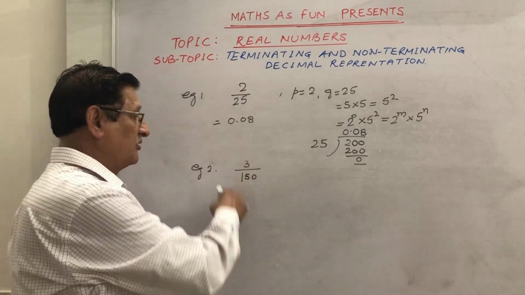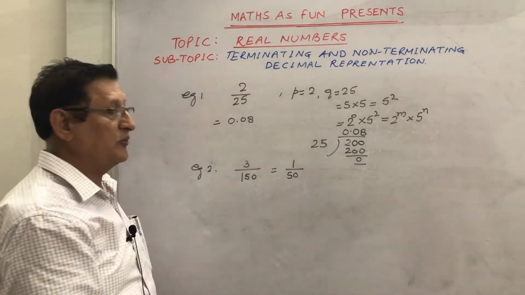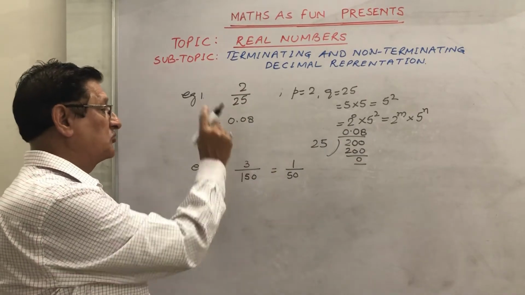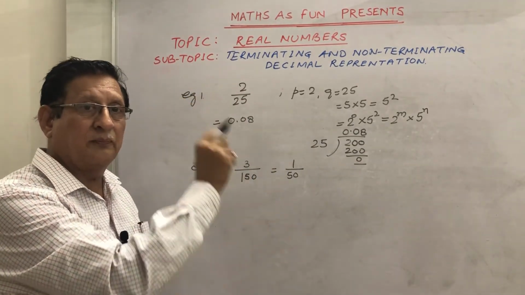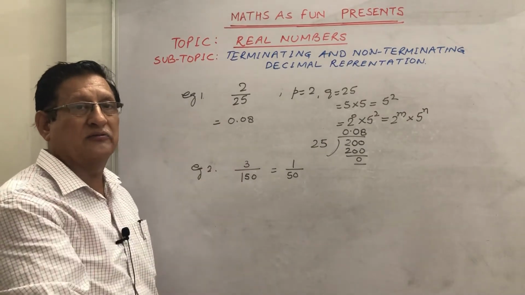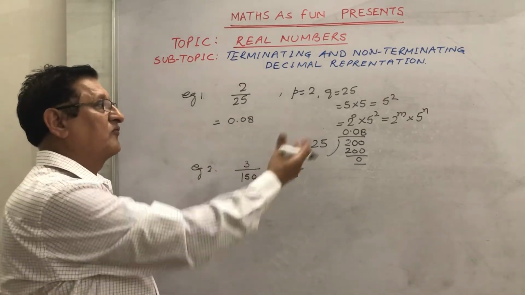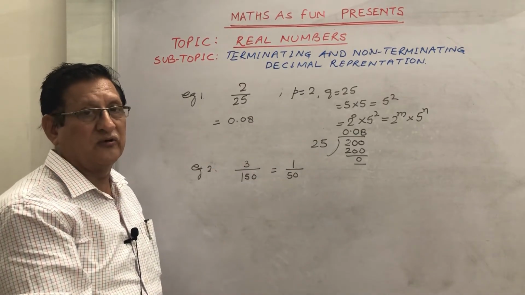So first we should cancel them. 3 ones are 3 and 50. It is 1 upon 50 now. So we have to keep in mind that this should be in the form of p upon q, where p and q are co-primes. Otherwise we should convert them into the co-prime form. Then only we can find the exact terminating or non-terminating form of the decimal.